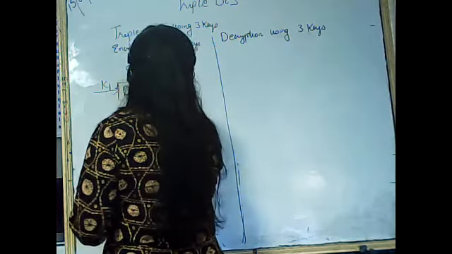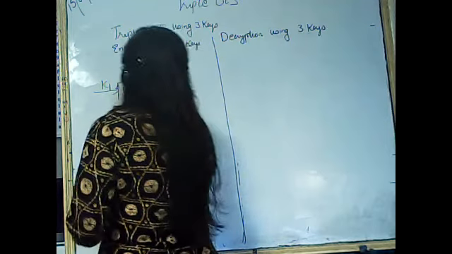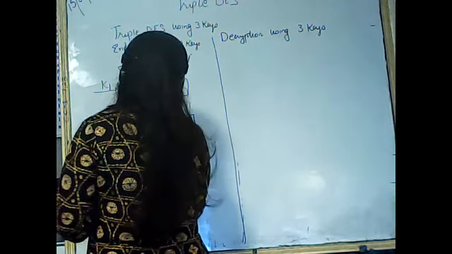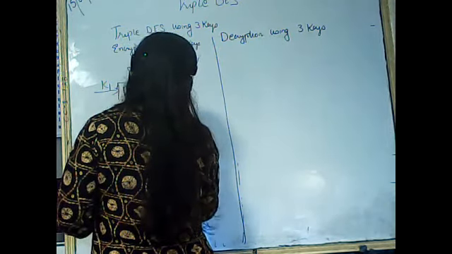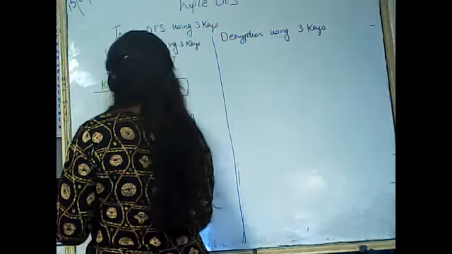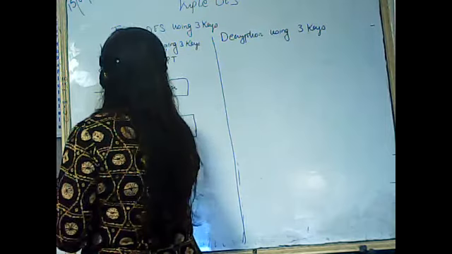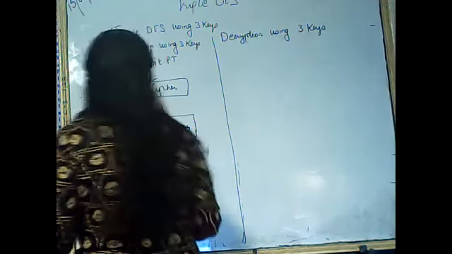On the output that we get here, we apply the DES reverse cipher, and this will be applied using key 2.